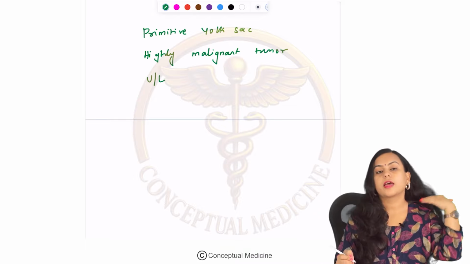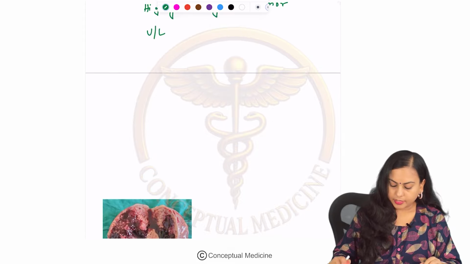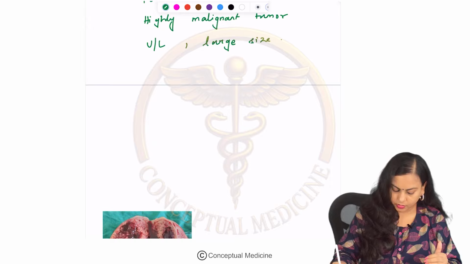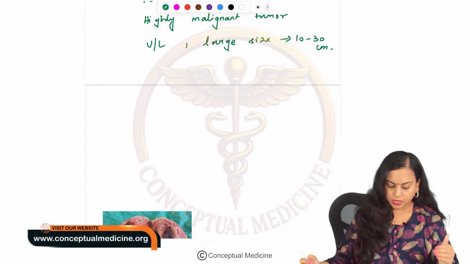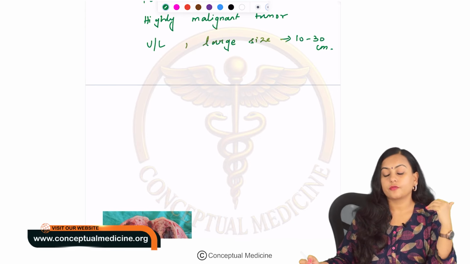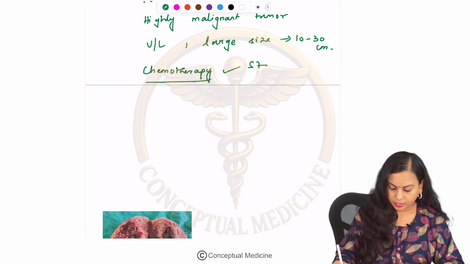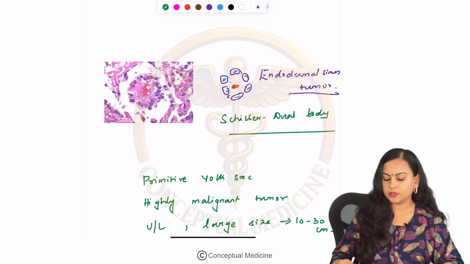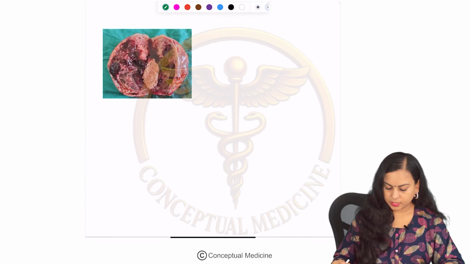These are almost always unilateral tumors, and they are also large in size, about 10 to 30 centimeters. This is one tumor where there is a need of chemotherapy right from stage 1, because the prognostic outcome with these patients is very poor. Clear?